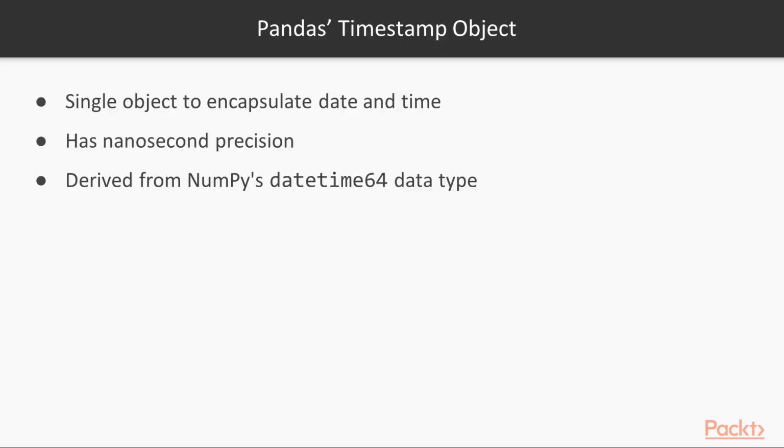Pandas has a single object to encapsulate date and time called a timestamp. It has nanosecond, that is 1/1000th of a second, precision and is derived from NumPy's datetime64 data type. Both Python and Pandas each have a timedelta object that is useful when doing date addition or subtraction.